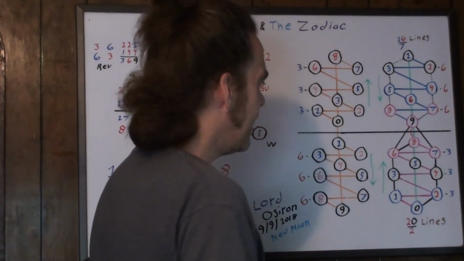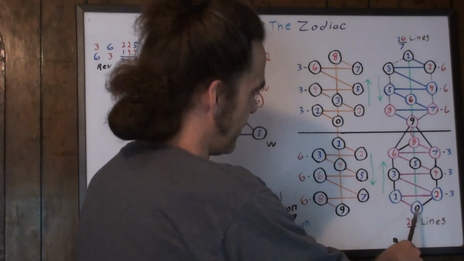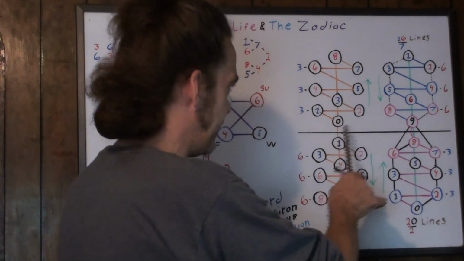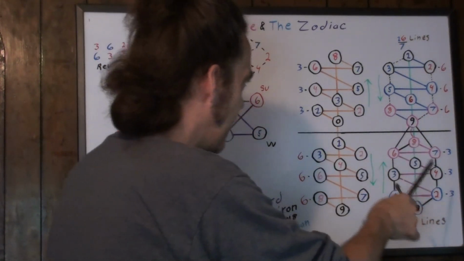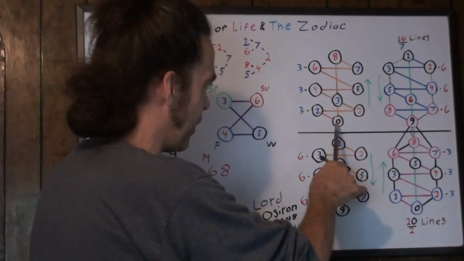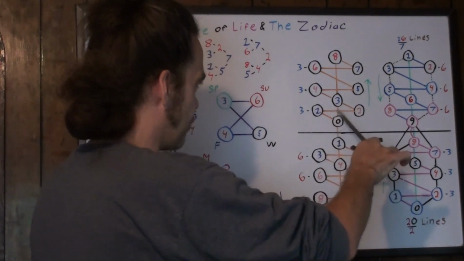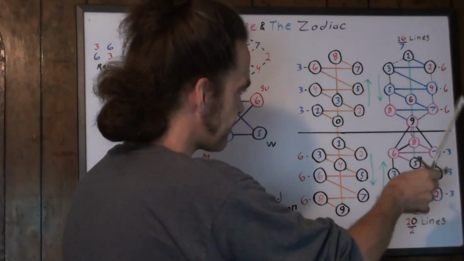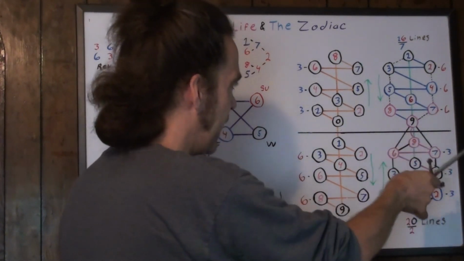See, these construct from the outer edges and work inward. And then this side ends up being the reverse of this, but it builds from the middle and constructs itself outward.